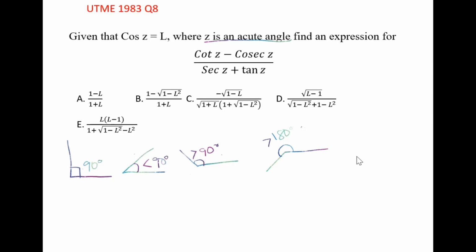But when an angle is equal to 180 degrees, we call it a straight angle. And the last one is angle at a point, which is 360 degrees.